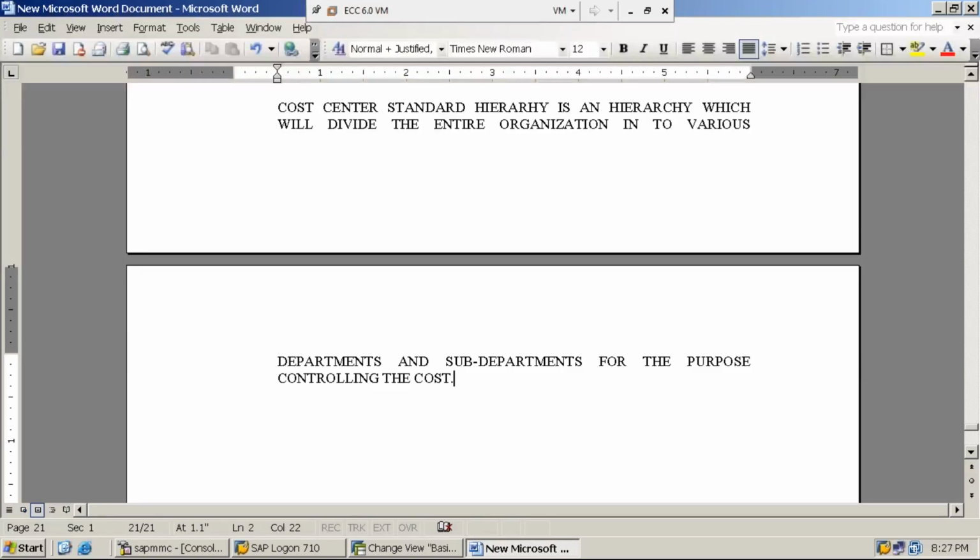When controlling becomes very easy, you can reduce the cost like anything. Unless you have control over the activities of the organization, it is not possible to reduce the cost, correct?